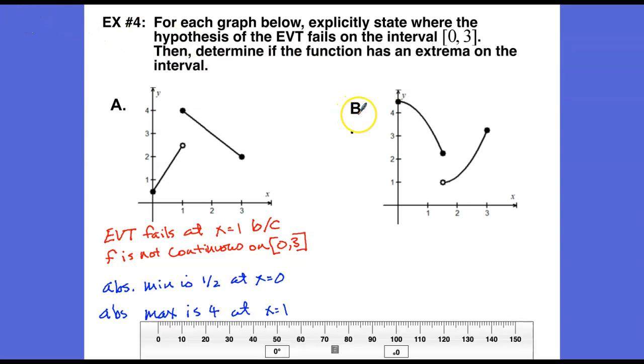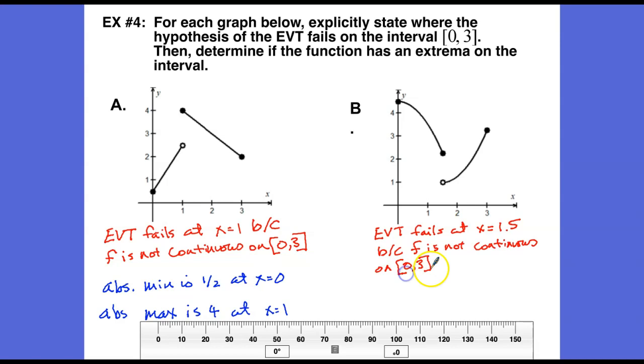In part B, we have another piecewise defined function over the closed interval from 0 to 3. We can see we have another jump discontinuity located at approximately x equals 1.5. So let's say that EVT fails at x equals 1.5 because f is not continuous on the closed interval from 0 to 3. Now, what about absolute extrema?